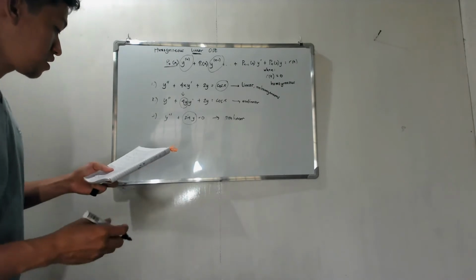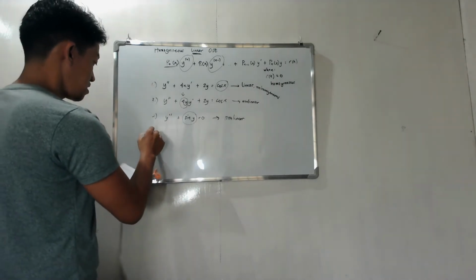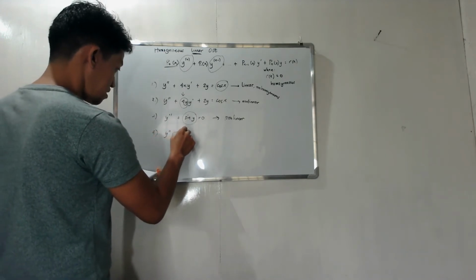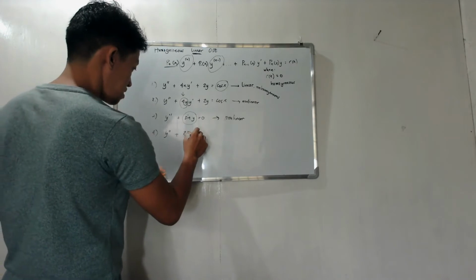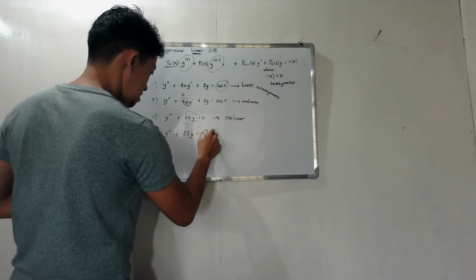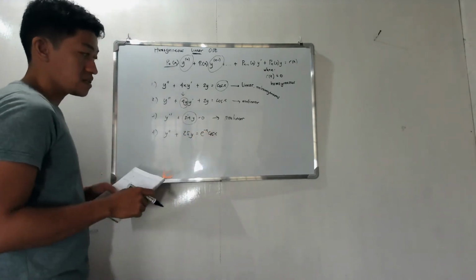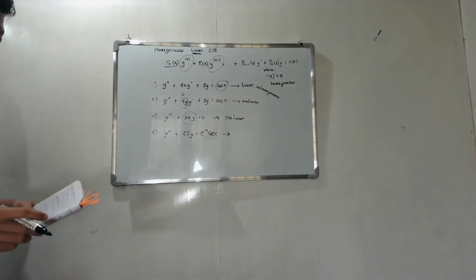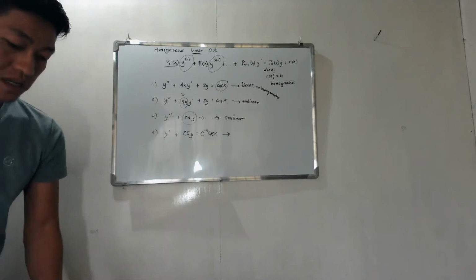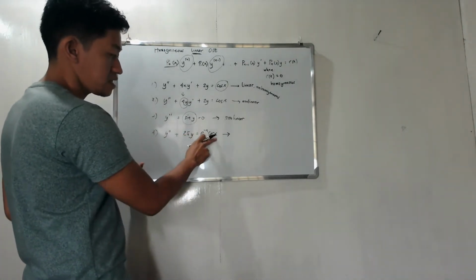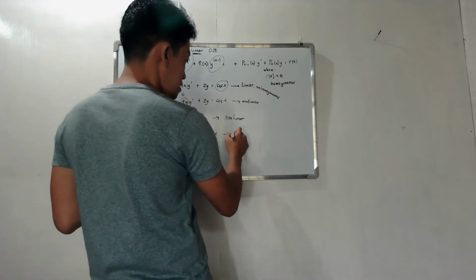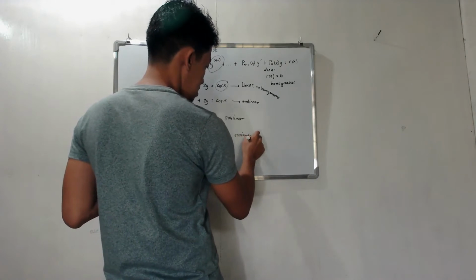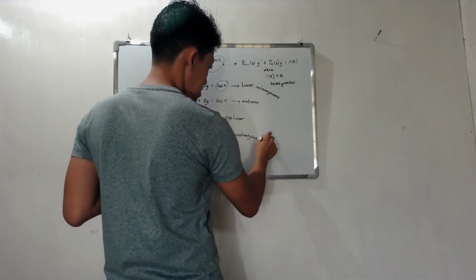Okay. Last. This one. Y double prime plus ... is this linear or non-linear? Okay? This is again, since hindi ito equal to 0, non-homogeneous linear.